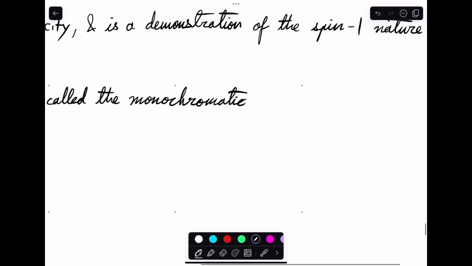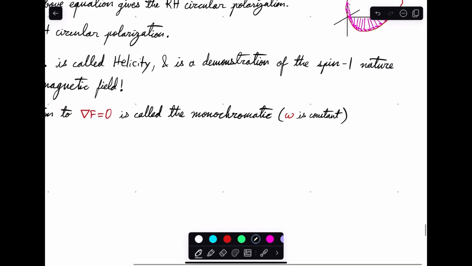It's called monochromatic because monochromatic means that you have a constant value, and you only have one.